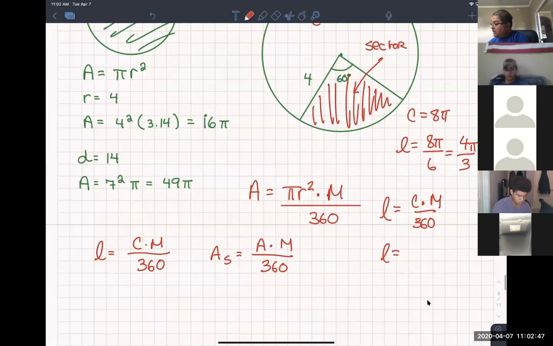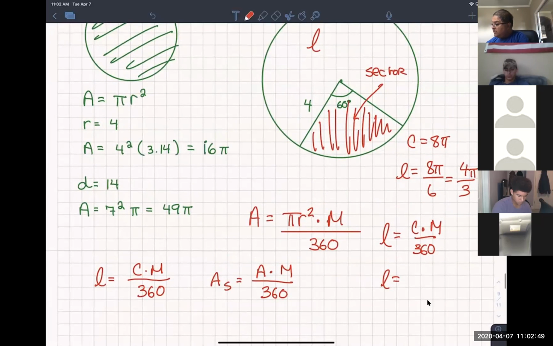The circumference of this circle is 4 times 2, because it's a radius, so that's 8 pi times 60 divided by 360.